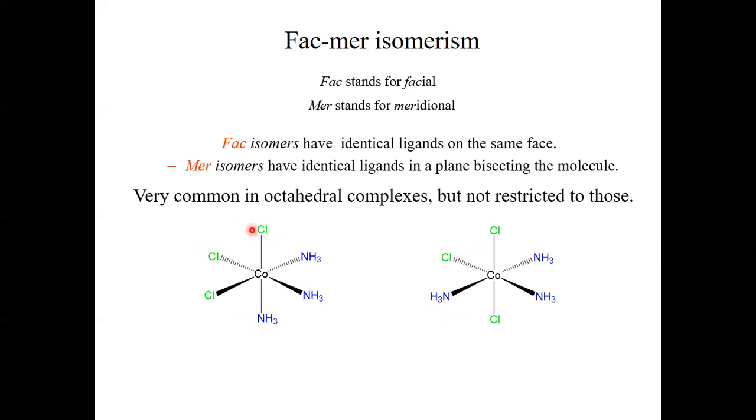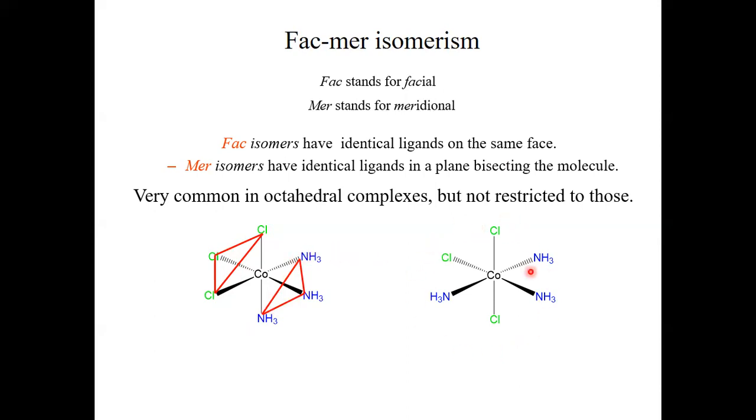Because in this one, the three chloro ligands are on the same face of the octahedron, and these three amine ligands are also on the same face of the octahedron. You see here face number 1, and here face number 2.